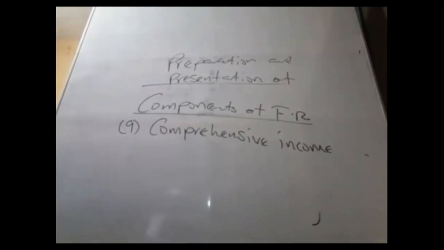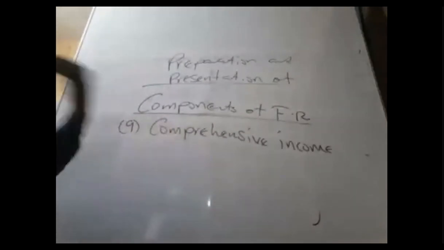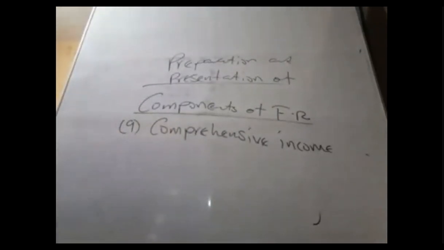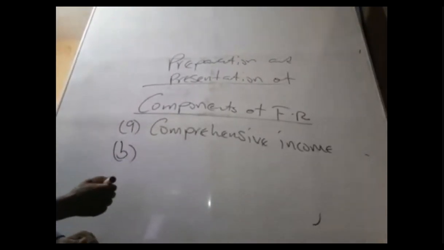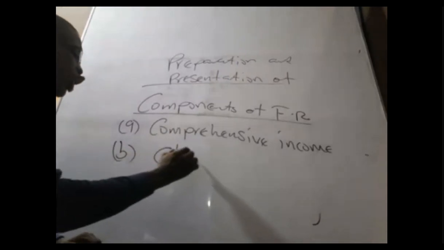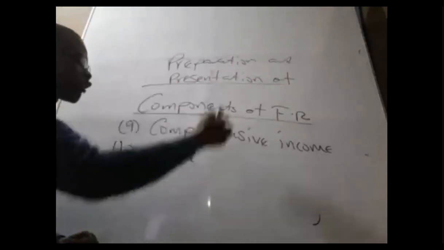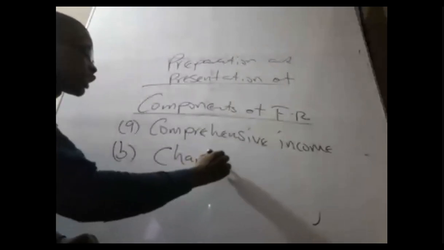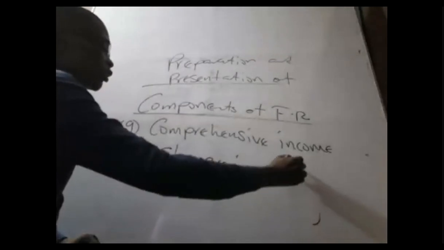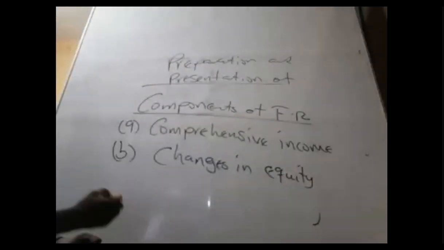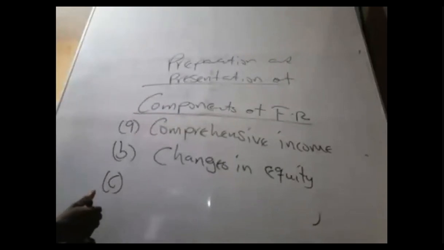That is a profit or loss or the trading profit or loss account, to exhibit the performance of the entity. We use that to assess the performance of the entity. The next statement that we are going to prepare is called the statement of changes in equity. All of them come with the word statement of. This one becomes statement of changes in equity.